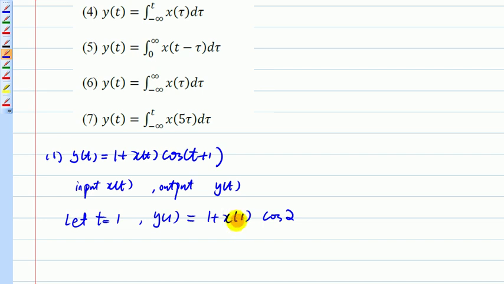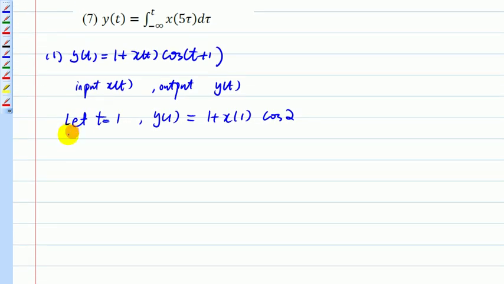You need to distinguish the effect of the input from those of any other functions used in the definition of the system. In this case, the input is x of t, and cosine t plus 1 is just a function defining the system.